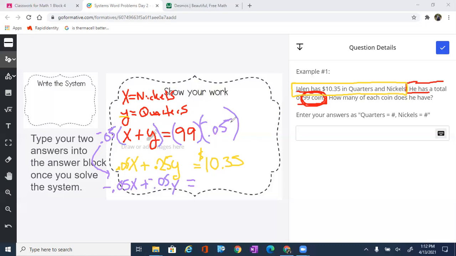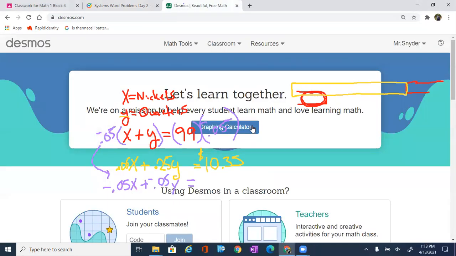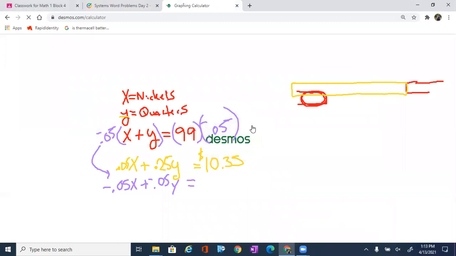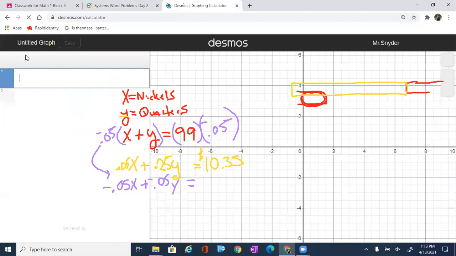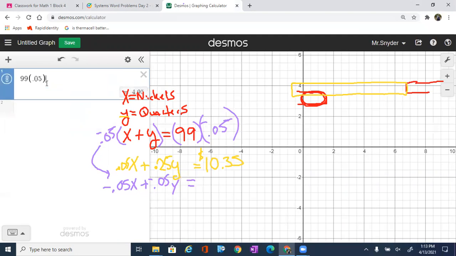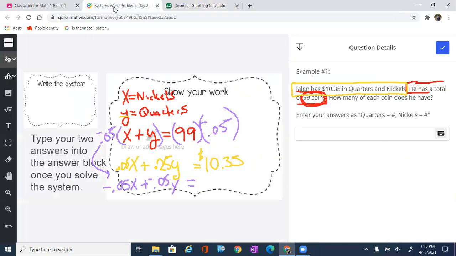If we go to Desmos and type this in, this is not hard math, but for some of us, we may want to use that calculator. 99 times 5 cents is $5 minus a nickel. So 99 times 0.05, we know is $4.95. So I'm going to write negative $4.95. And so what we've done is just move that down there. We're just doing the elimination piece.